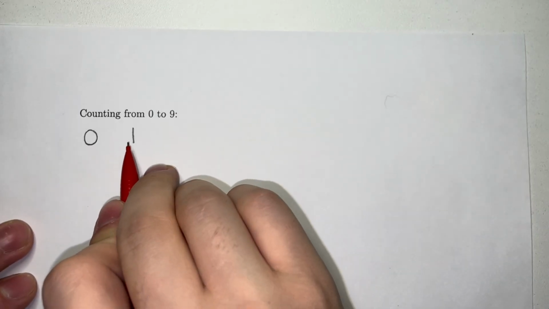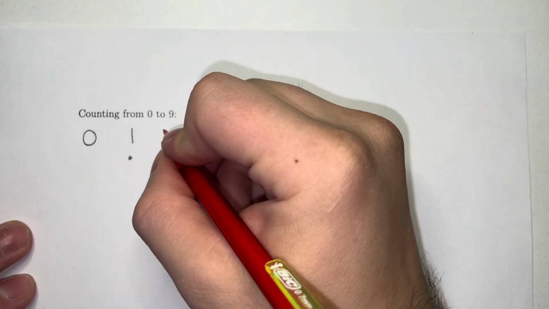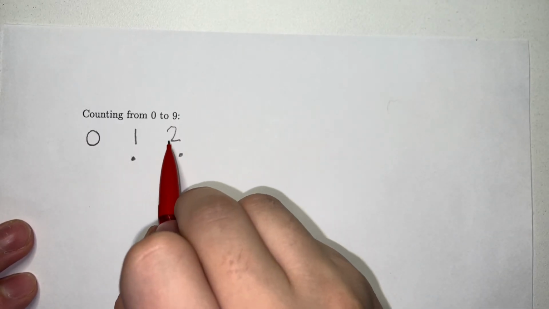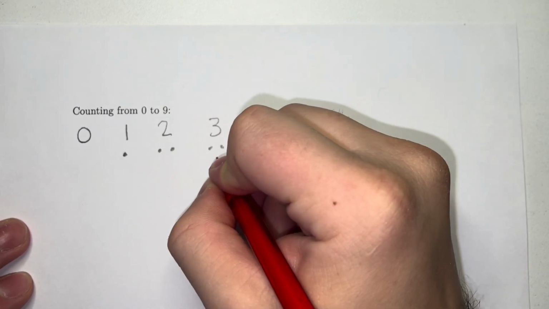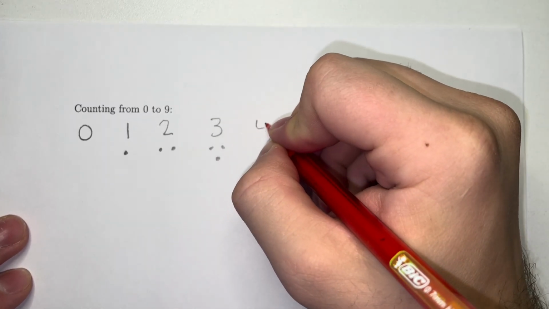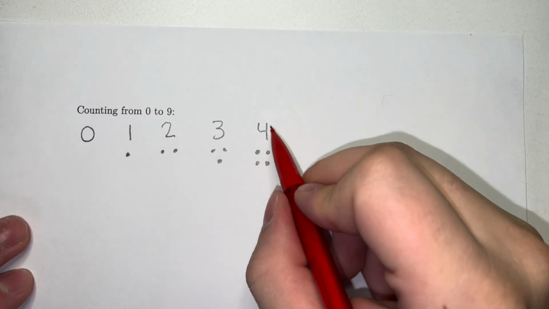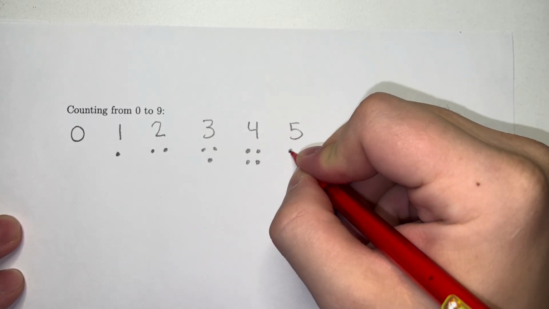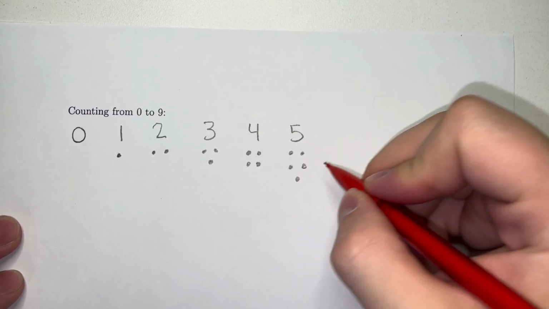Here we have 1, or a single dot. Here we have our first pair, which represents 2. Here we have 3, which is a pair and a single. Here we have 4, which is 2 pairs. Here we have 5, which is 2 pairs and a single.